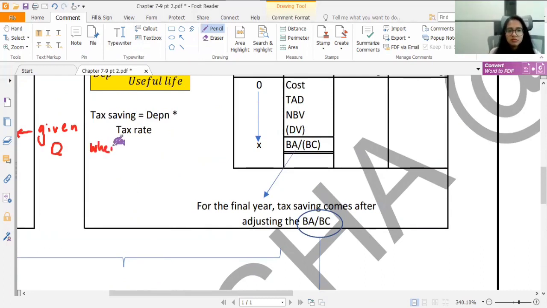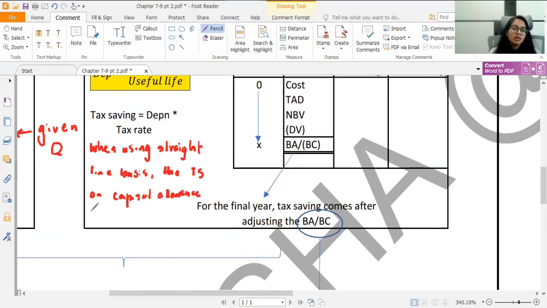When using straight line basis, the tax saving on capital allowance is constant every year.